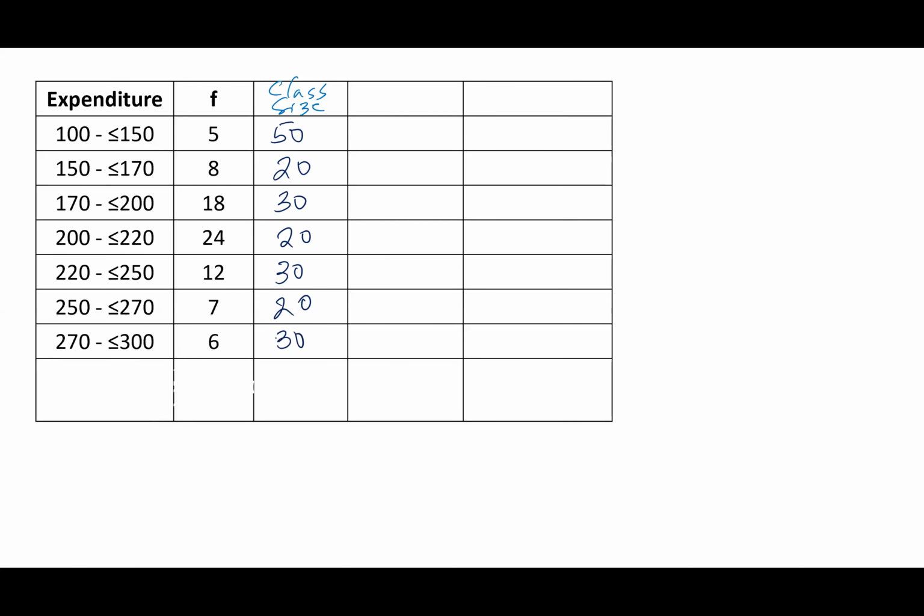So after getting the class size, which I will denote as C here, class size C, you make sure you indicate the C there. Or you can simply make it a C. I hope people will know, but let me just put the C here.